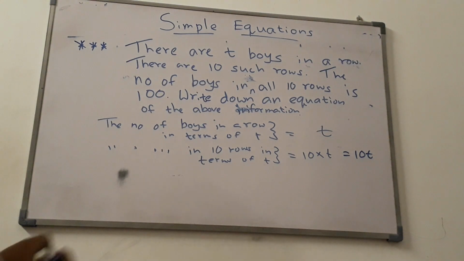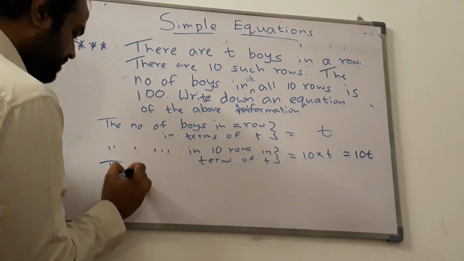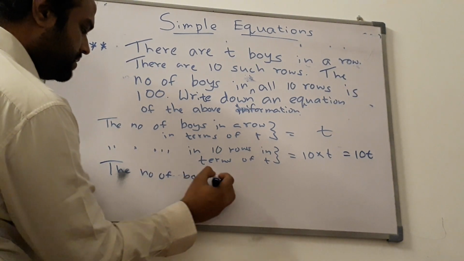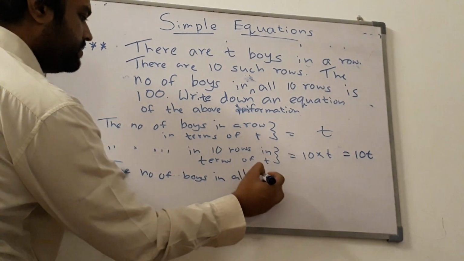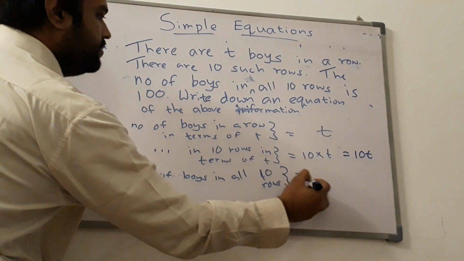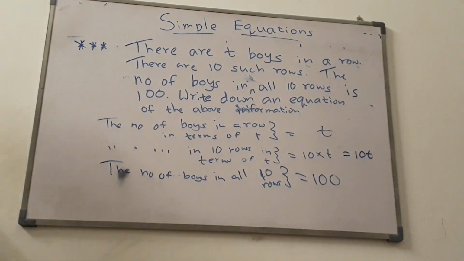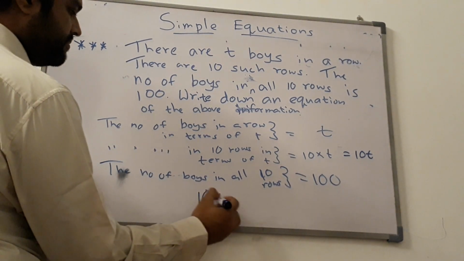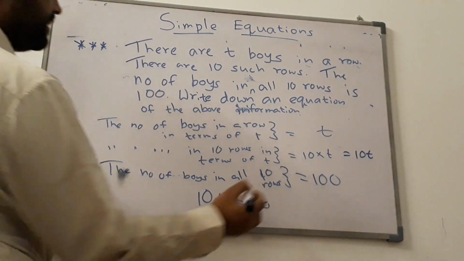And it is also said the number of boys in all 10 rows is equal to 100. So we can say 10t is equal to 100. Why?